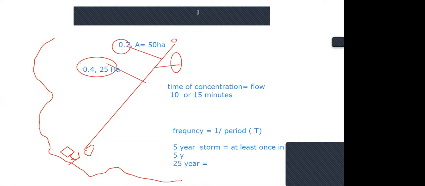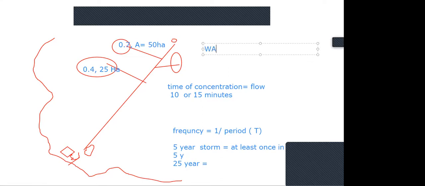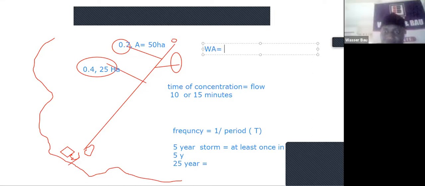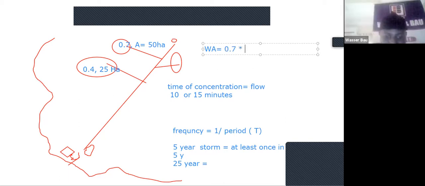the weighted runoff peak, the average coefficient here, the weighted average, let me call it weighted average, WA. Some people say mean weighted average. It means I will consider 0.7 multiplied by 50.